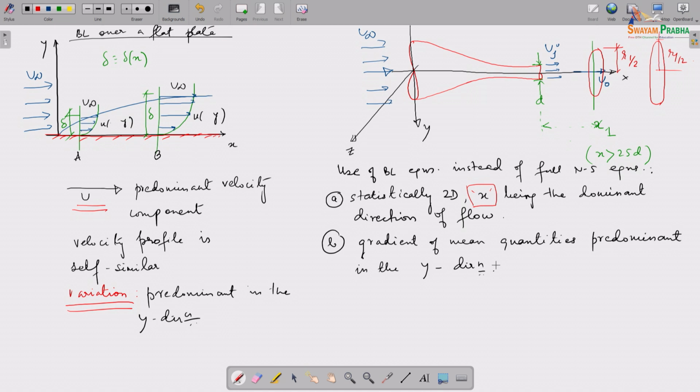I repeat myself: the dominant velocity is the x component of velocity, but its variation is in the y direction. This is very important, and that's exactly what's going on in a boundary layer as well.